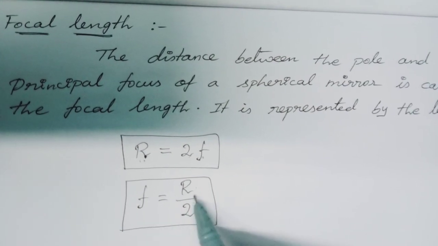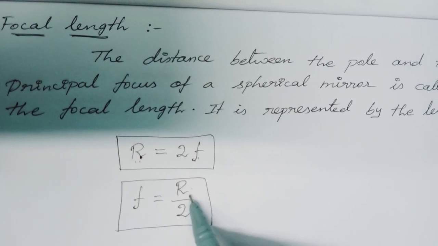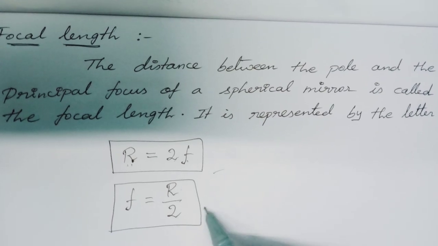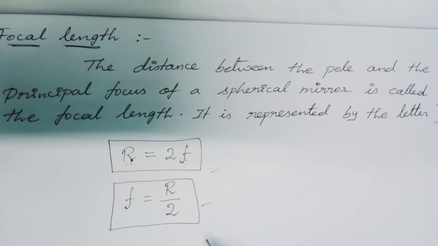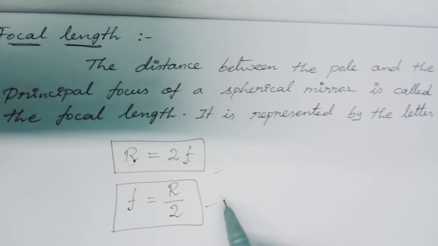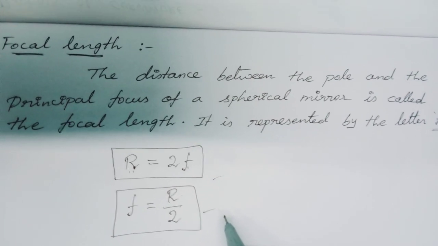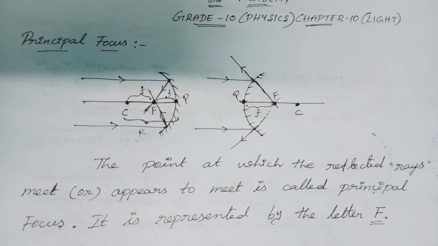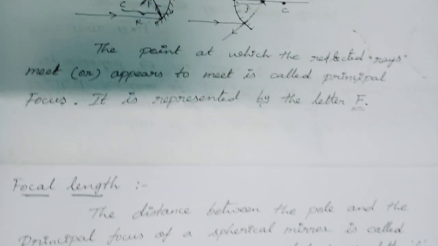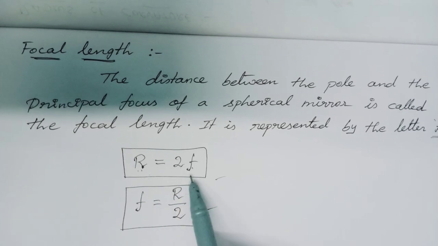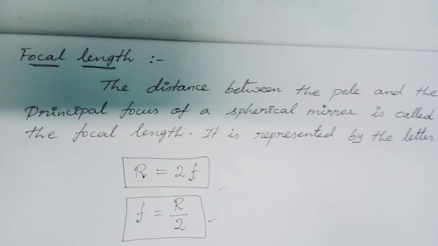Focal length is half the value of the radius of curvature. So be clear about these two formulas which we are going to use while solving the numerical problems. So be clear about this topic, that is principal focus and the focal length and the relation between the radius of curvature and the focal length.